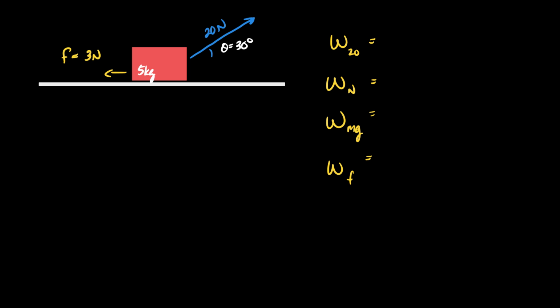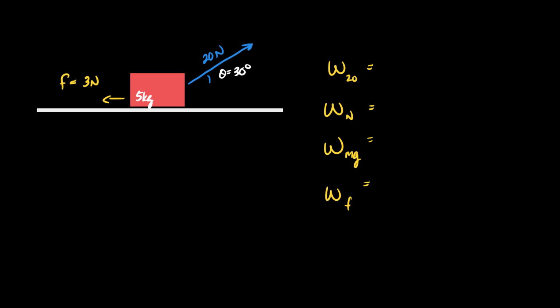Now, I think this will be relatively straightforward, but in case it's not, again, work is the size of the force times the size of the displacement times the cosine of the angle between them. So let's try the first one.